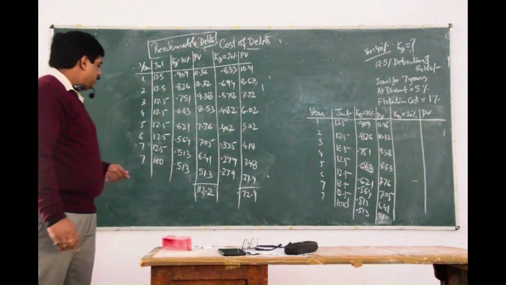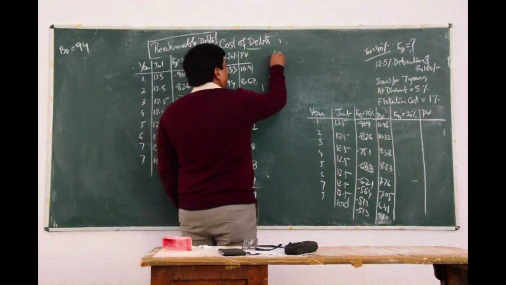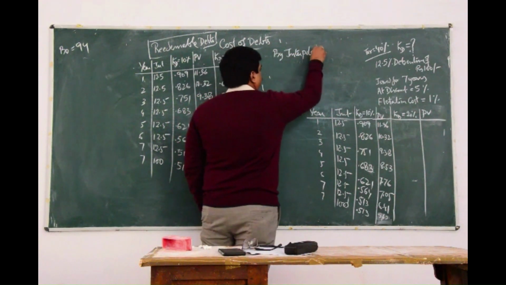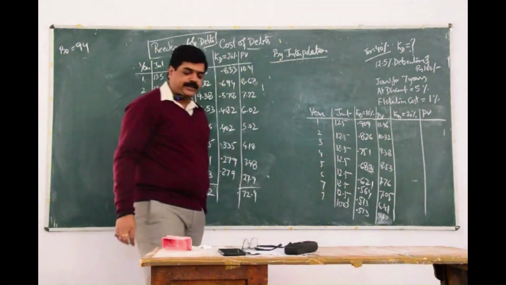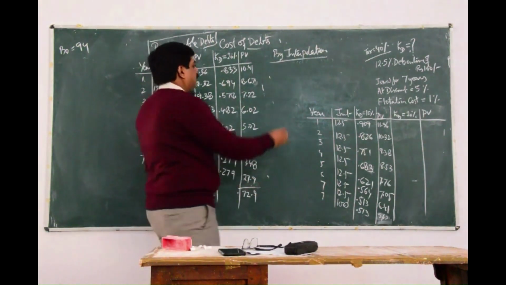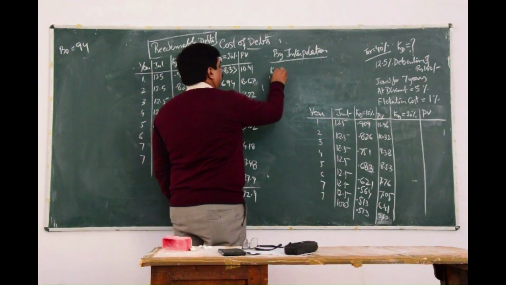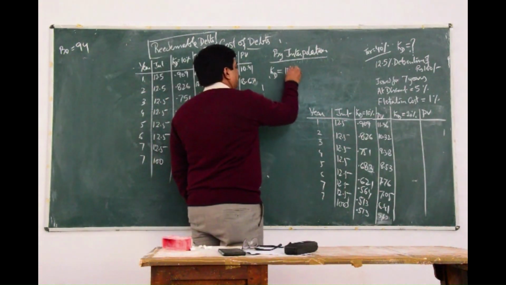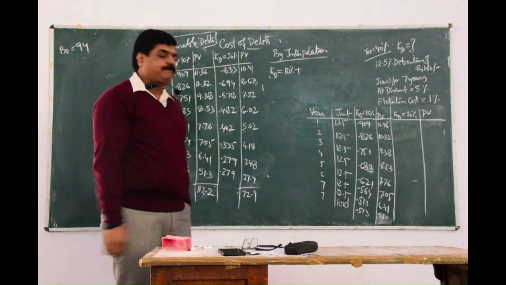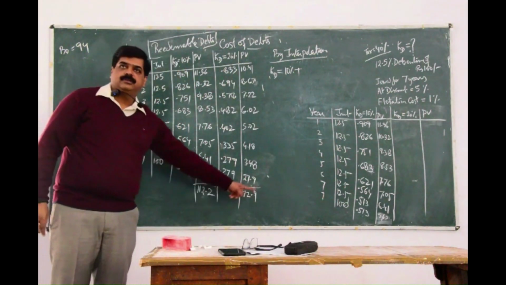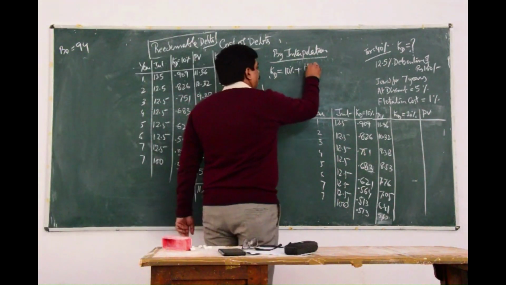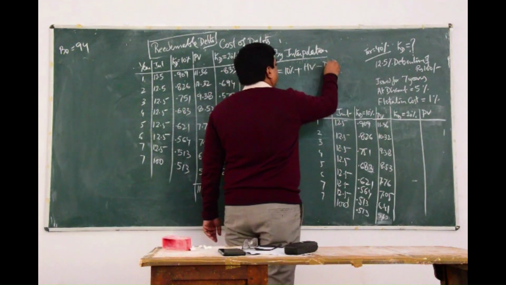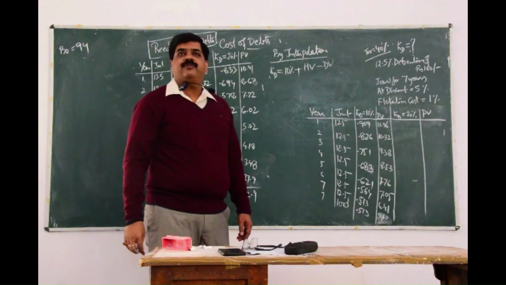Now we take the help of interpolation. By interpolation, statistics, the value of KD is equal to 10 plus something, so we write 10% plus. Now how to calculate? Higher value minus desired value, desired is 94.